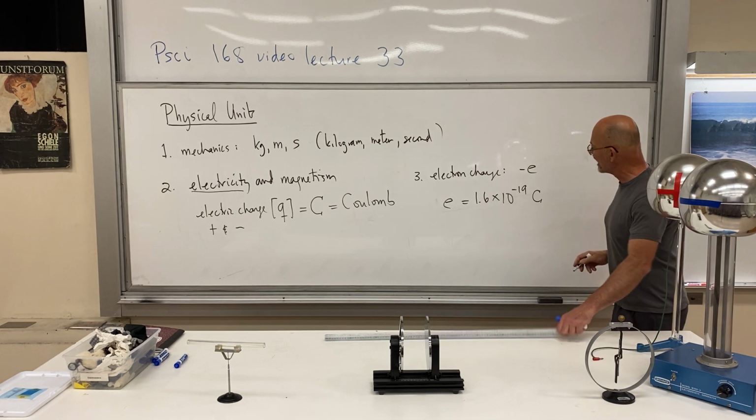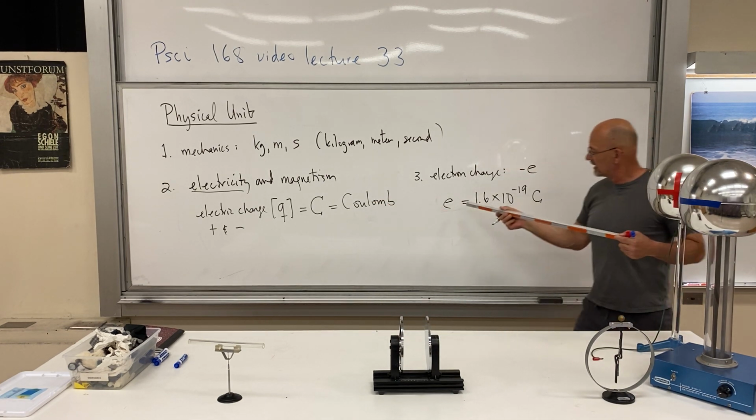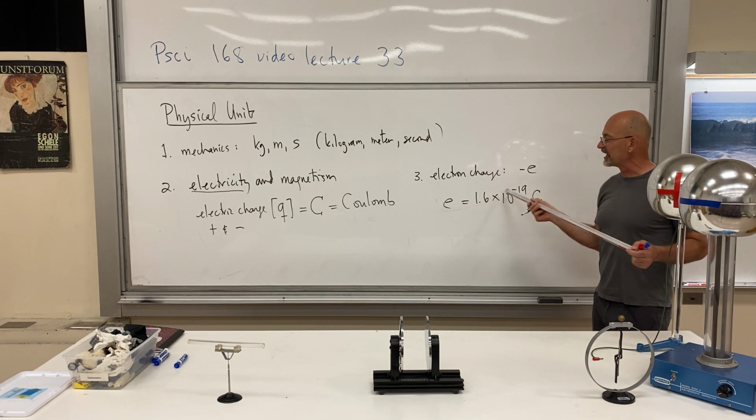This has to be stressed. Compared to 1 coulomb, a single electron, 10 to the minus 19, is very, very tiny.